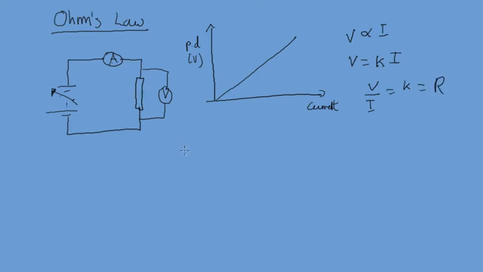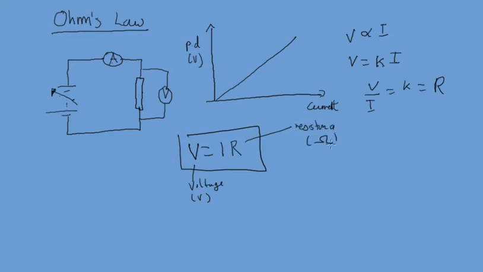So we have the famous equation V equals IR, which is Ohm's law, where V is the voltage in volts, R is the resistance in ohms, and I is the current.